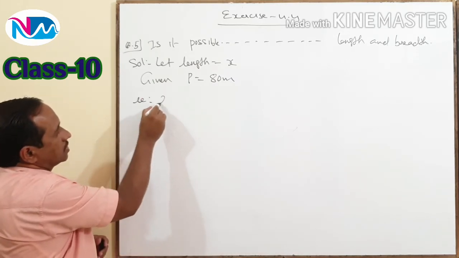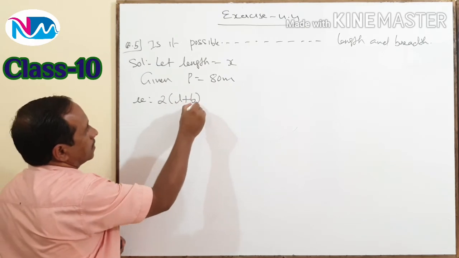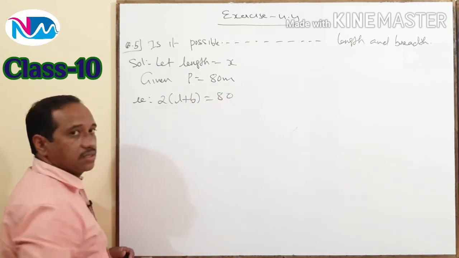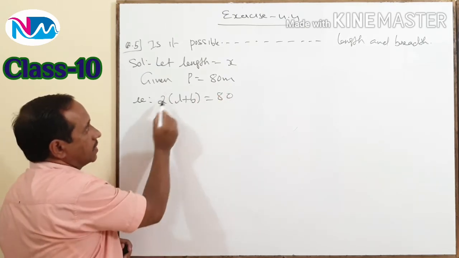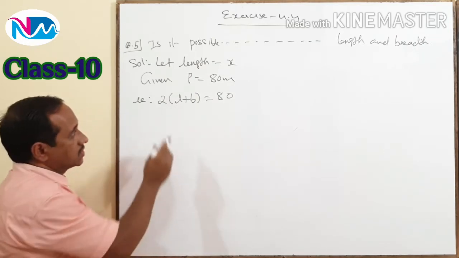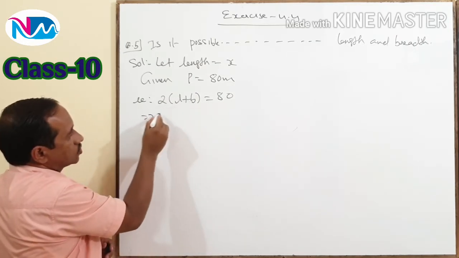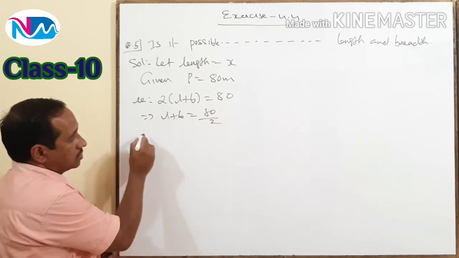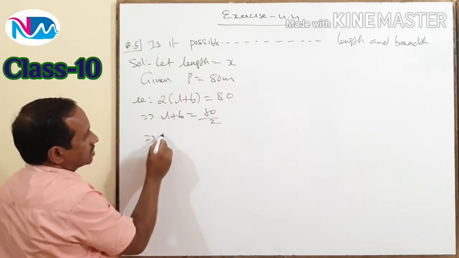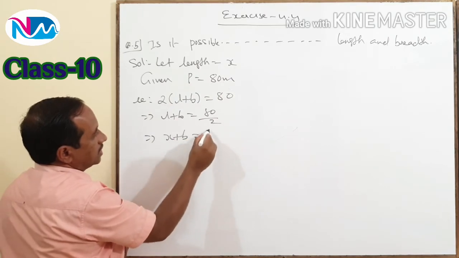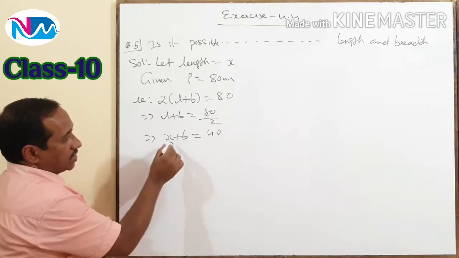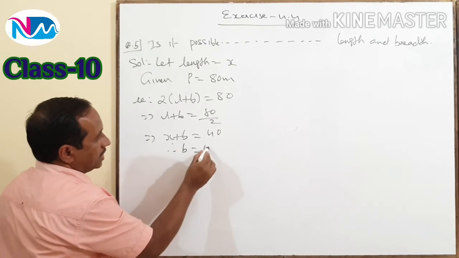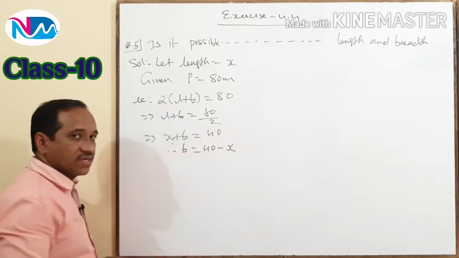Perimeter means 2 into L plus B is equal to 80. The formula for calculating perimeter is 2 into length plus breadth. 2 will be divided there. So we will get L plus B is equal to 80 by 2. Length will be replaced with the x. So x plus b is equal to 40. Therefore, we get b is equal to 40 minus x.